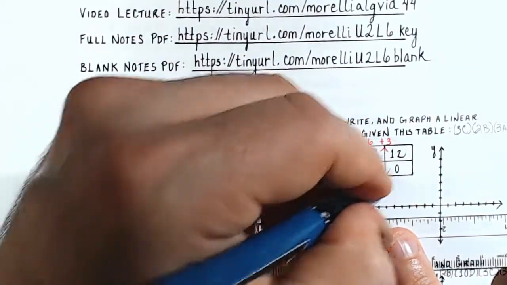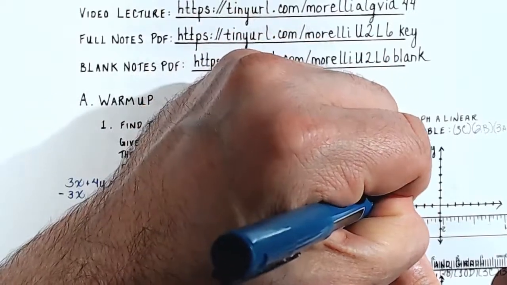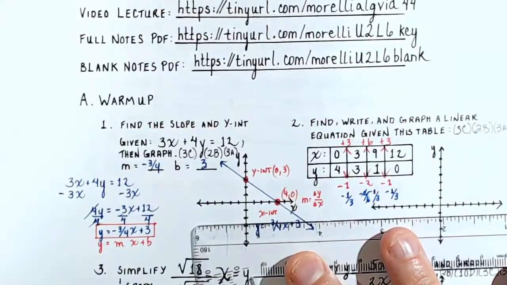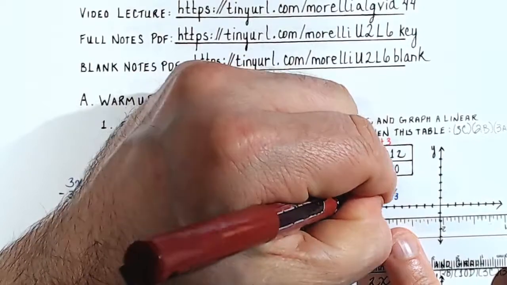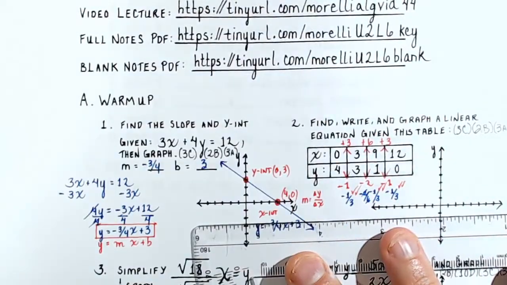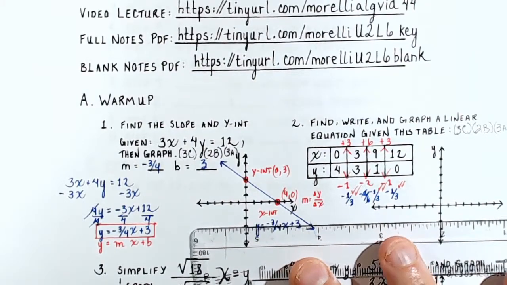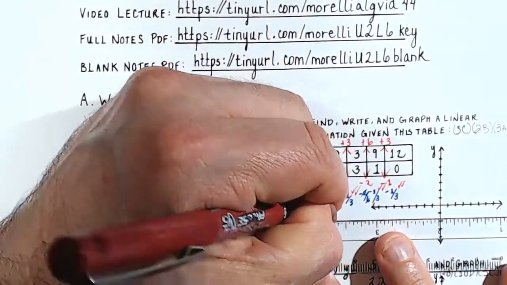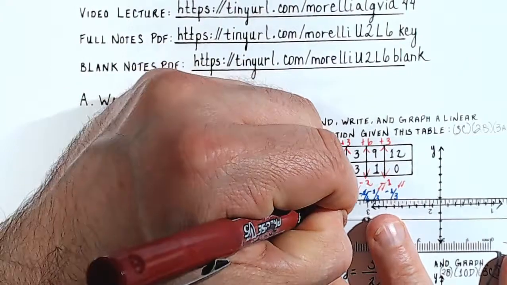Remember, we're looking to make sure they're all the same, and then the last one, -1 over 3. So they're all the same. Because they're all the same, we can be certain that -1/3 is in fact the slope. So somewhere we're going to write m = -1/3.